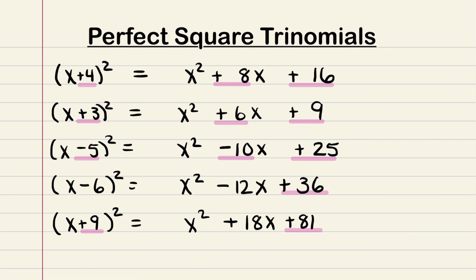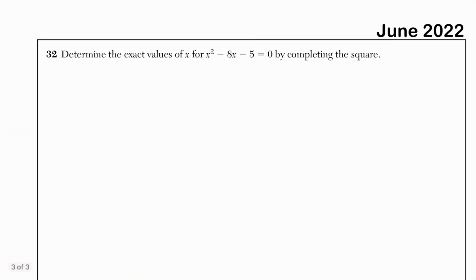So let's take a look at an example. This question is from the June 2022 Regents, and it asks us to determine the exact values of this equation by completing the square. Now, exact values just means that we're not going to round any numbers, so we're not putting anything into our calculator here.